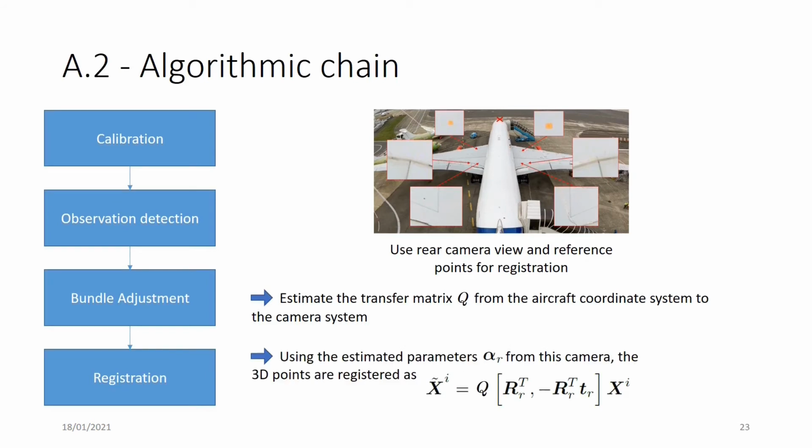Since this camera is also part of the bundle adjustment, we can estimate its parameters alpha r, and from this camera we can register all the 3D points and camera coordinates to the aircraft coordinate system using this expression here.